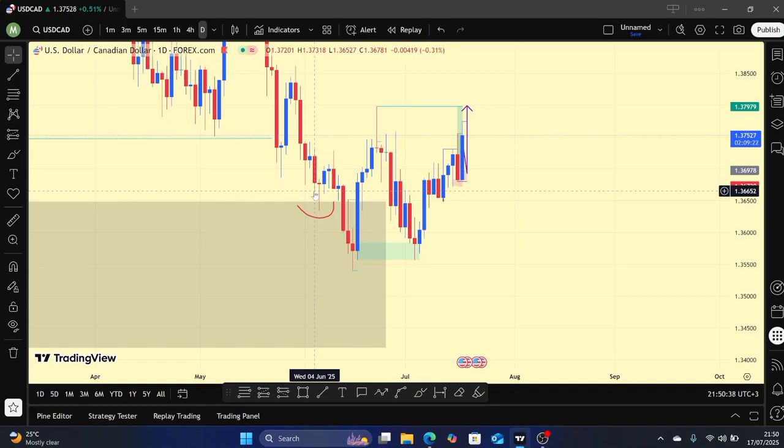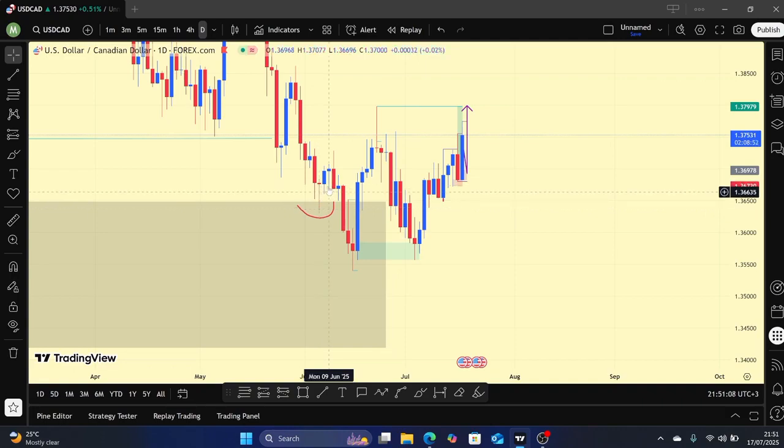I mean the selling pressure was very strong, and then after price mitigated the extreme order flow, you can see some introduction of buyers, some buying momentum, and price created this dragonfly doji. After this big selling candle, price created this dragonfly doji, indicating some buying pressure because of this long wick rejecting the lower prices.